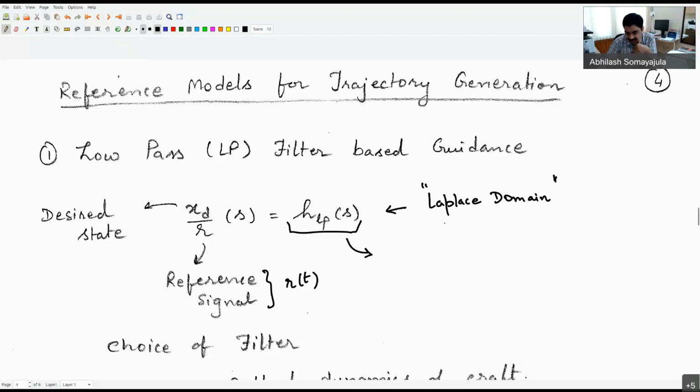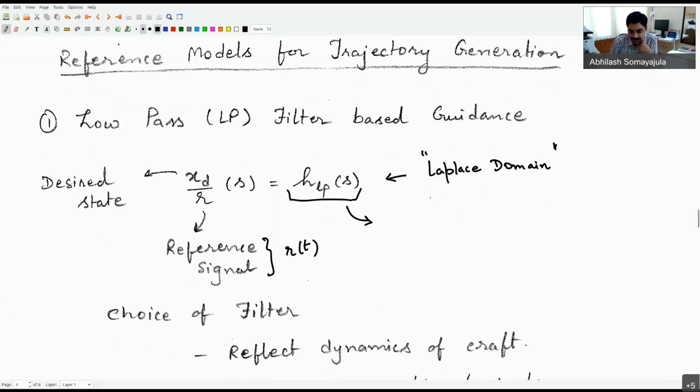So which means that if I were to look at a frequency dependent thing, if I were to take S is equal to I omega, I can actually plot the magnitude of this low pass filter versus omega. Okay. Now this is not a typical controls course, but these sort of diagrams are what you would call Bode plots.